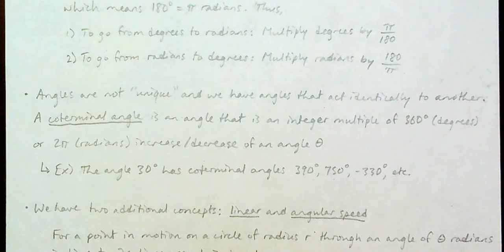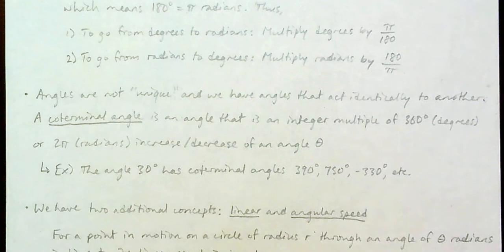So if you're given an angle theta and you're asked to find angles that are coterminal to it, if I'm looking for an angle that is in degrees, you're simply going to add or subtract 360 onto it, and you'll get a new angle. If I'm looking for an answer in radians, you're going to add or subtract a whole number multiple of 2 pi onto that angle.